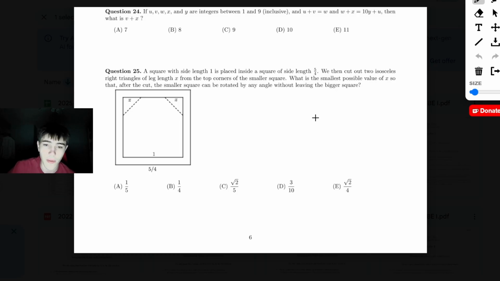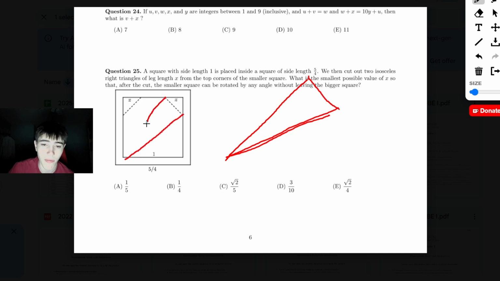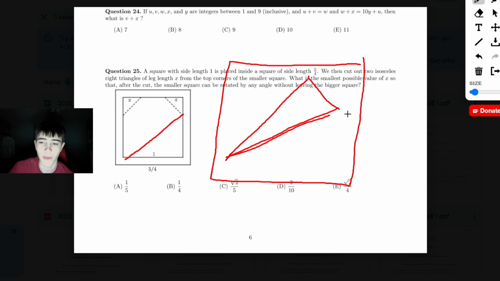So what we don't want is for it to get stuck on its longest side, like this. It looks like after we cut this off, this is going to be the longest length in it. We don't want it to catch against the walls of the 5/4 by 5/4 square, right? So we want it to fit like that and not like this.